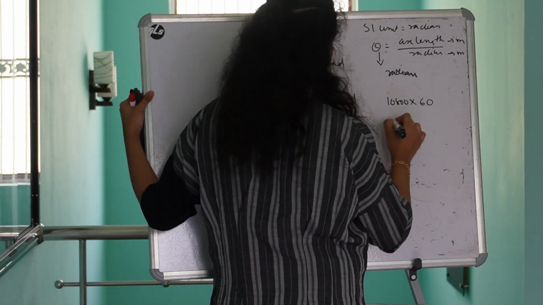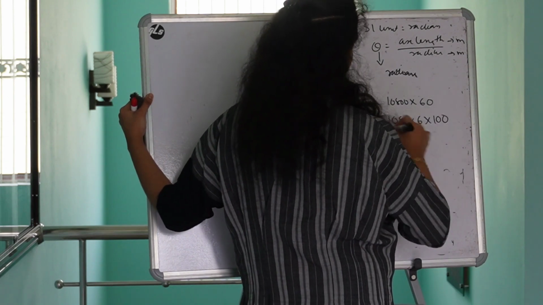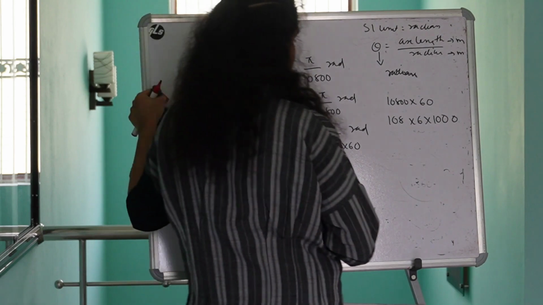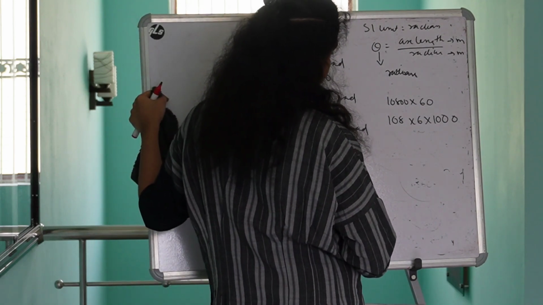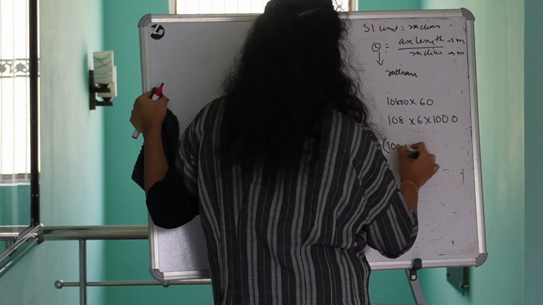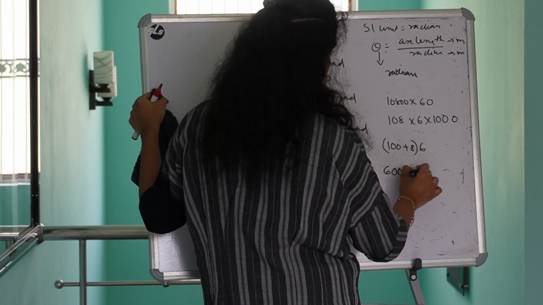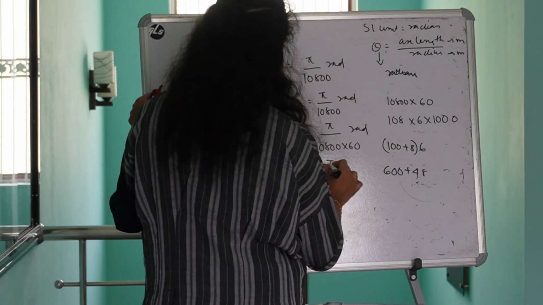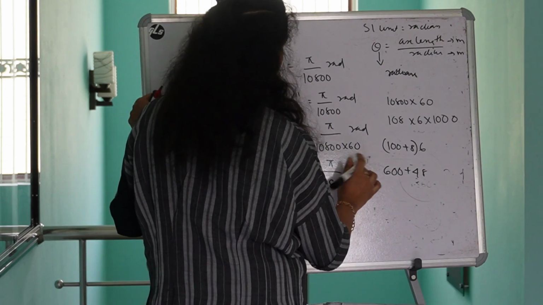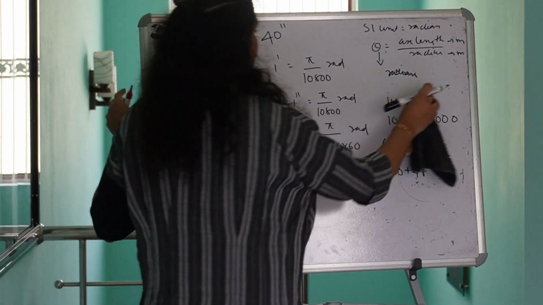What is 10800 into 60? 108 into 6 into 1000. 100 plus 8, into 6, that is 600 plus 48, so it is equal to 648,000.